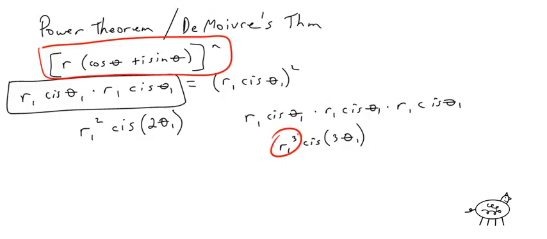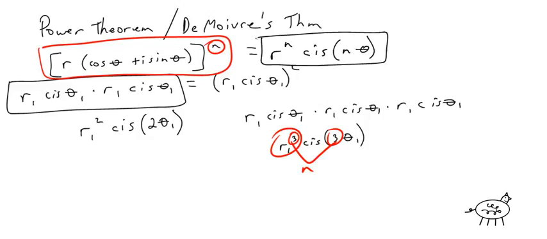That is raised to whatever that number is, how many times I'm doing that. So that's your n, and that's your n also. So I can now write this as, again, De Moivre's theorem, r to the n cis n theta. That's it.